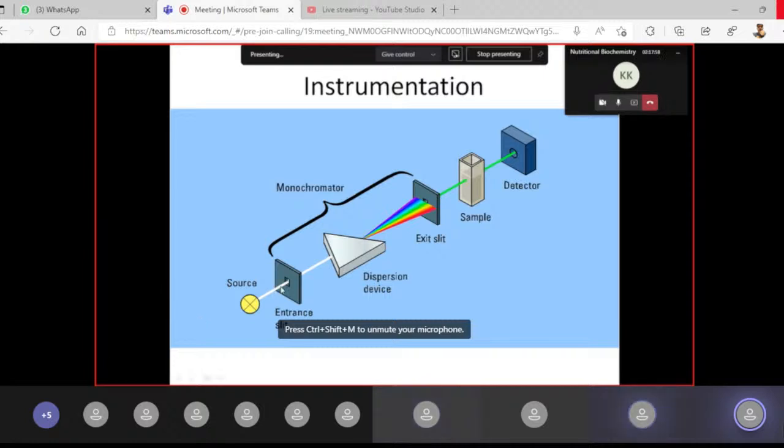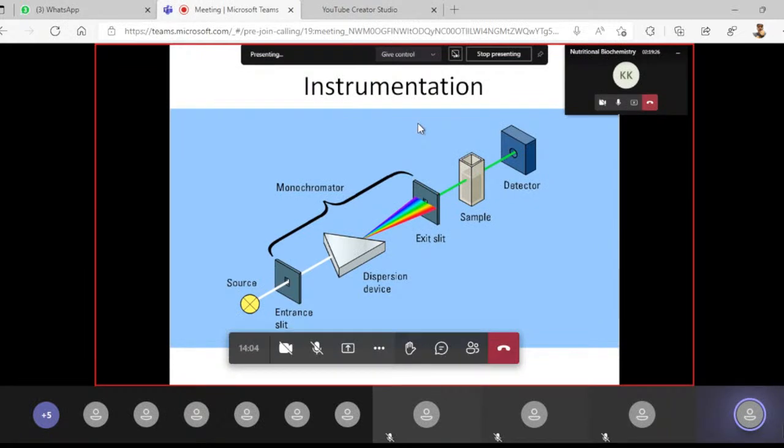So pass this light through a narrow entrance. Then you have the monochromator. What is the function of this monochromator? It selects a light of single wavelength. It generates a monochromatic light, or from the light of multiple wavelengths, it just selects a light of single wavelength.